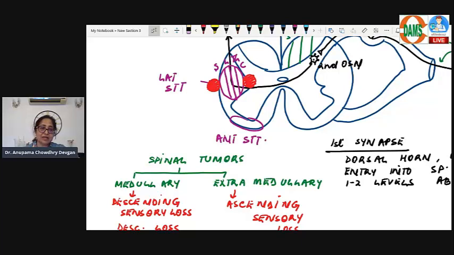This is as far as your arrangement of fibers is concerned. Even in the anterior spinothalamic tract, which is meant for crude touch and itch, the arrangement is the same: sacral, lumbar, thoracic, and cervical. It's a lateral to medial arrangement. Posterior column, medial to lateral arrangement.